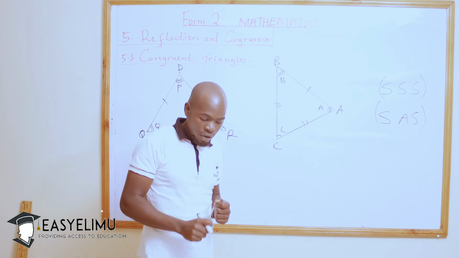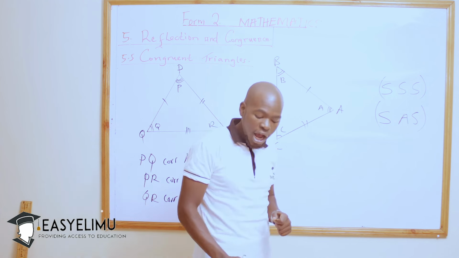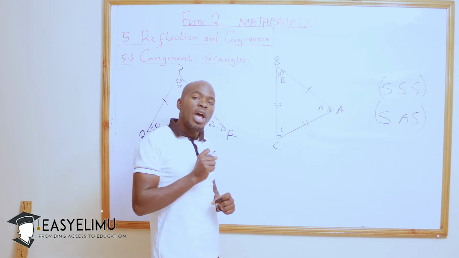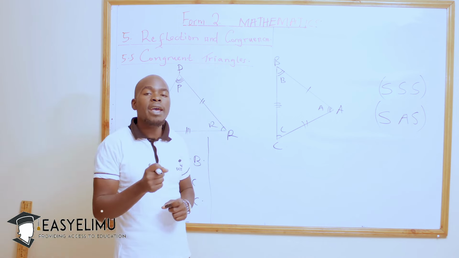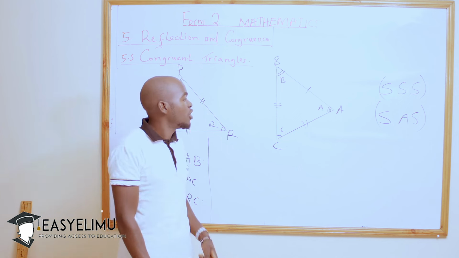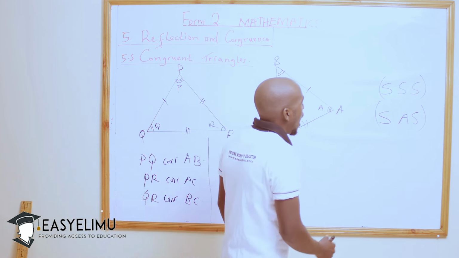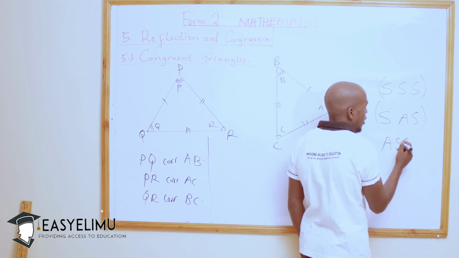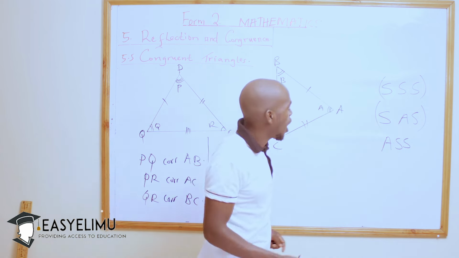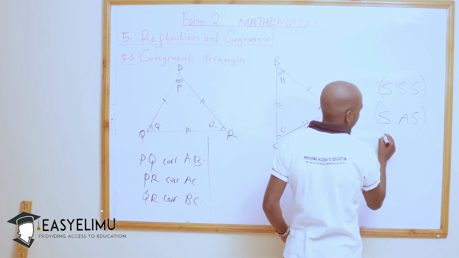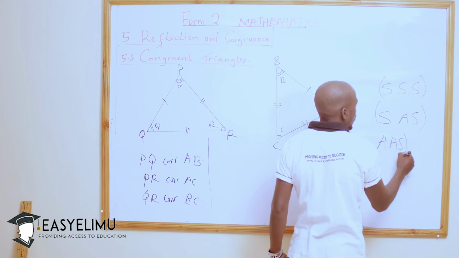Another condition is that you will have two angles and a side of the first triangle corresponding with the same of the other triangle. In that, you will end up with the angle, angle, side rule.